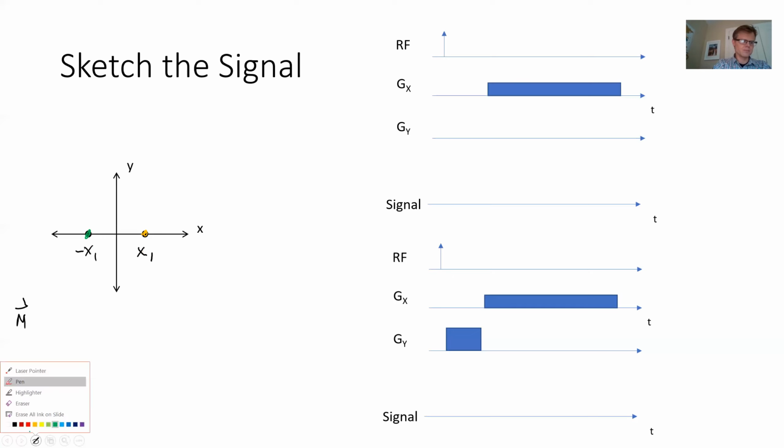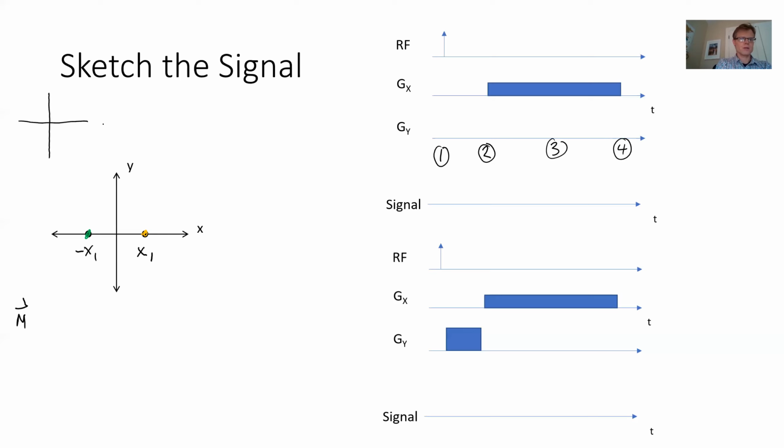And let's map out the net magnetization at a couple of different points in time, as we've done before. Let's use the top here for the top pulse sequence, and same with the bottom sequence.